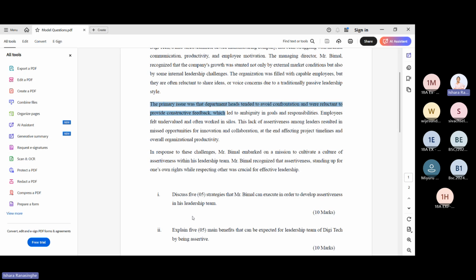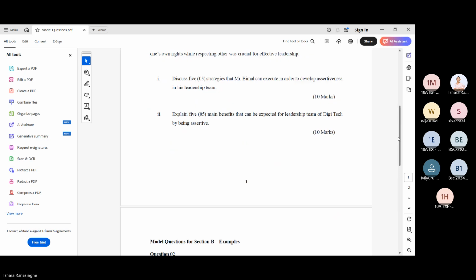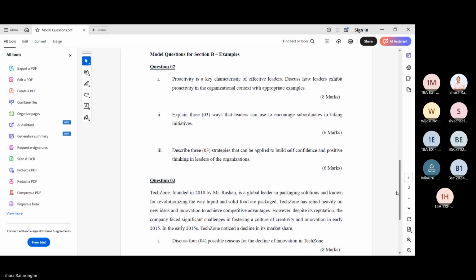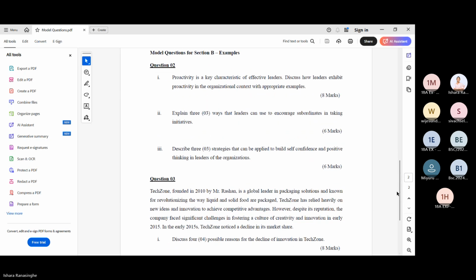If you can apply these benefits to the case study, then you can go for 10 out of 10. Okay, then quickly see the other 2 questions. Again, draft the answers in point form.